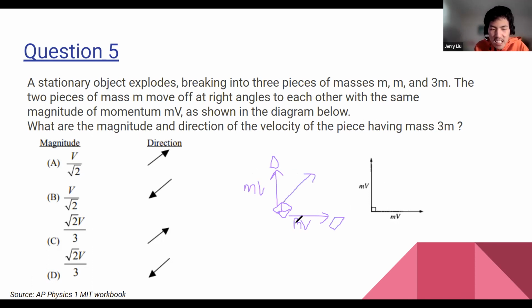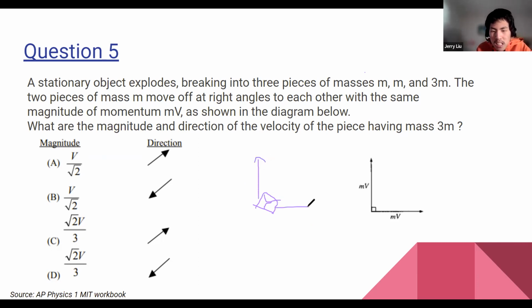they're asking what is this. It's not in that direction, but what is this velocity here? We know the mass here is 3m. So how you do this is that the main defining concept here is just conservation of momentum. This object was stationary before the explosion, which means no velocity and therefore no momentum.